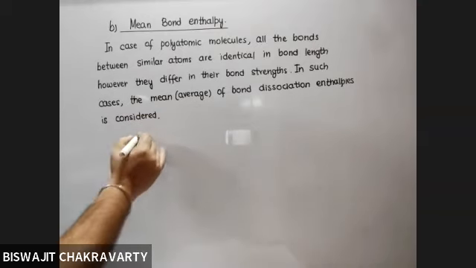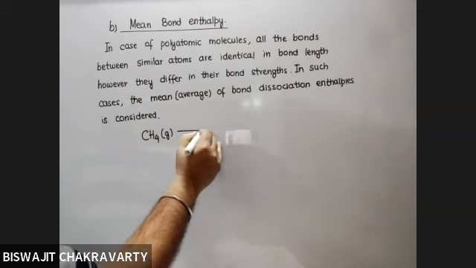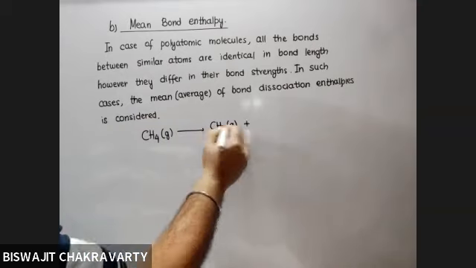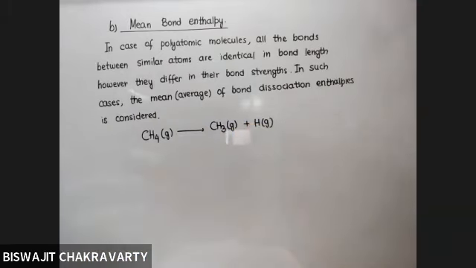Suppose we have methane, and at first I break it down to give CH3 gas plus H gas. That means we have broken down only one of the carbon hydrogen bonds.